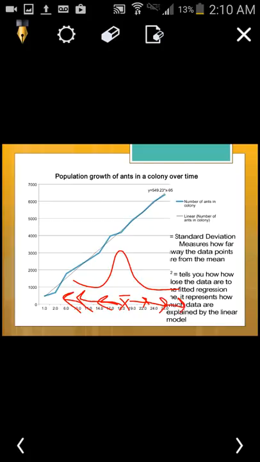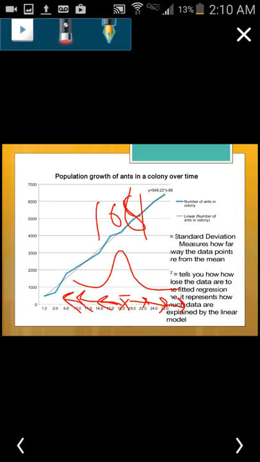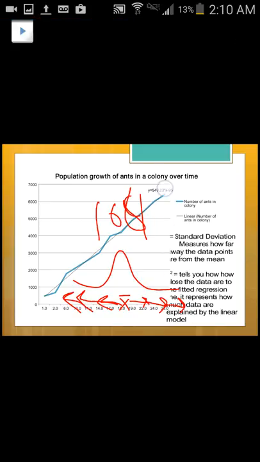And these corresponding values, I want to say this is about 68%, I think 68% of the data. 68% of the data falls within 1 standard deviation.